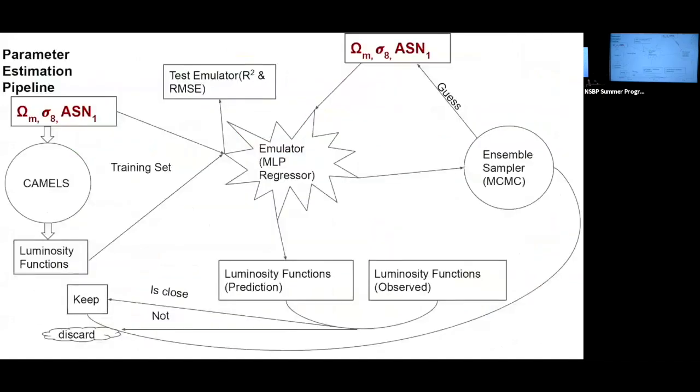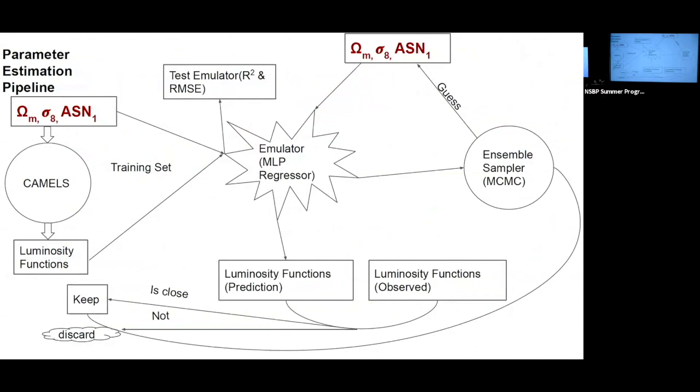So instead of using all 6 parameters, we started with the 3, and we used a machine learning model. We can't really run CAMELS on an everyday basis because it takes a lot of time. It contains hundreds of billions of data points in the simulation. It's very expensive to run. So we created a machine learning model, an emulator.